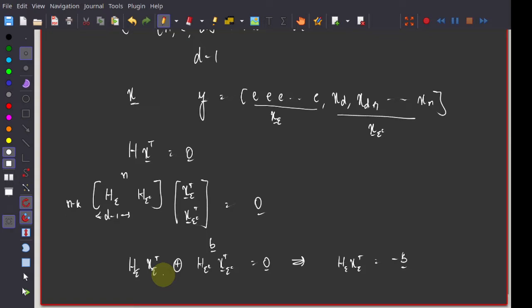Okay, for this system of linear equations to have a unique solution, what properties does this submatrix H_E have to satisfy? It should be full rank. And what will the rank be equal to? No, what are the dimensions of H_E? N minus k by d minus 1. And what can you say? So which one is going to be larger, n minus k or d minus 1?